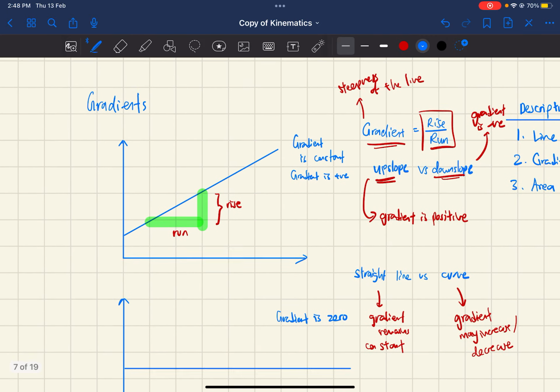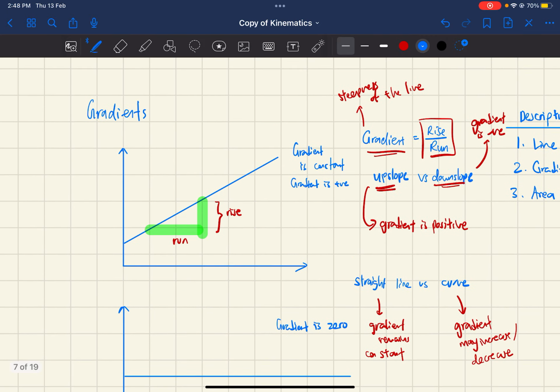Next one, it will be for the description of the line itself. What can you say about this line? Let's say at t equals 1 versus t equals 2, what happens to the value over here? The value is increasing at a constant rate.